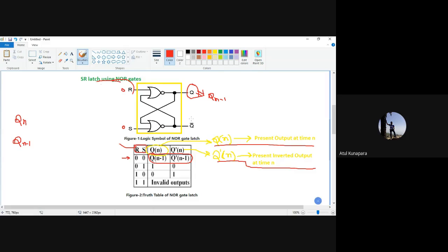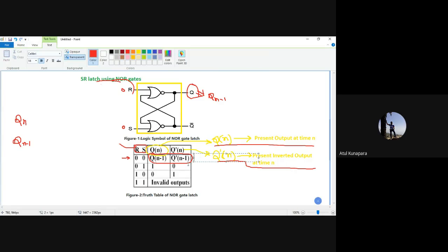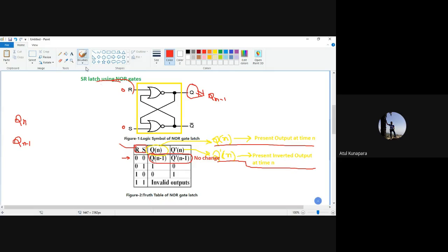There is no change. Are you getting that point? So you may simply write down no change. Here in remarks, you can put no change in the first condition when you give input 0, 0.